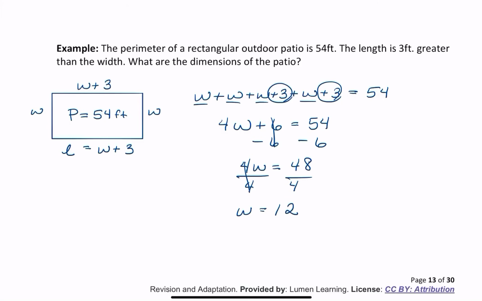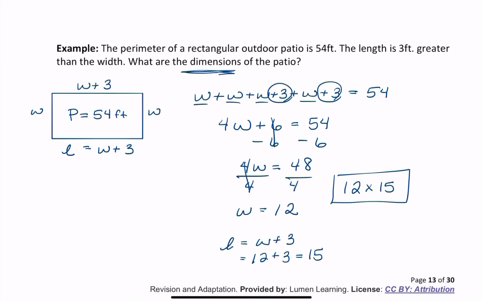So if my width equals 12, then my length is W plus 3, which will be 12 plus 3 is 15. So the dimensions of the patio will be a 12 by 15 patio, where 12 is my width and 15 is my length.